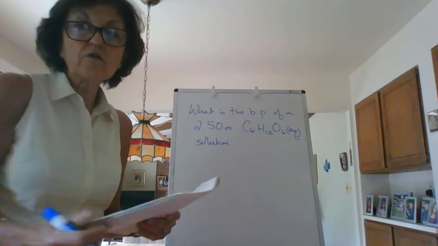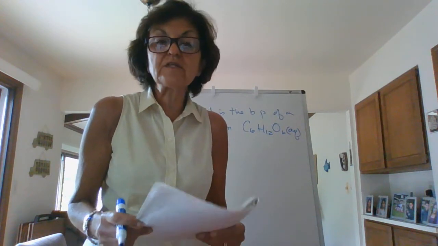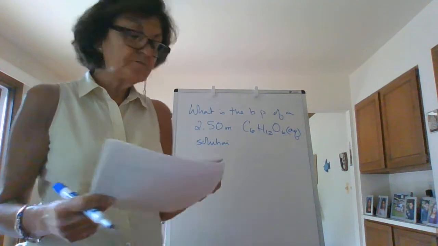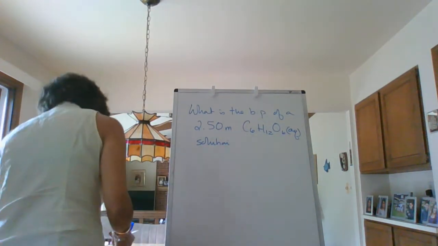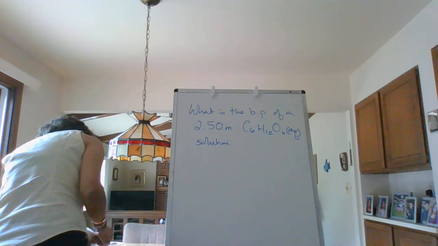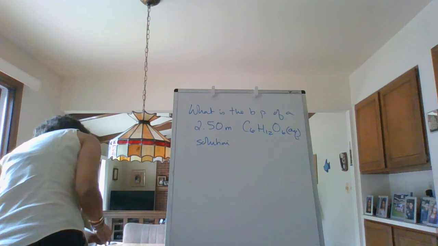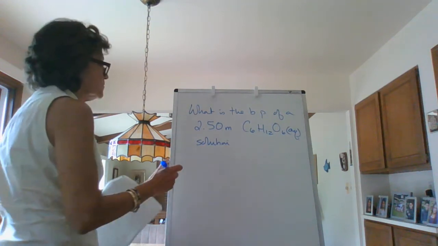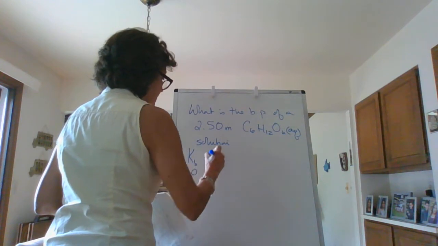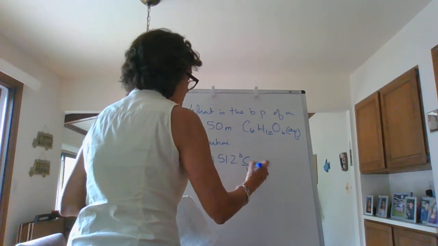AQ is telling you that your solvent is water. Okay, so we need to look up the KB of water. And from the book here, water's KB is 0.512. So KB of water is 0.512 degrees Celsius per molal.